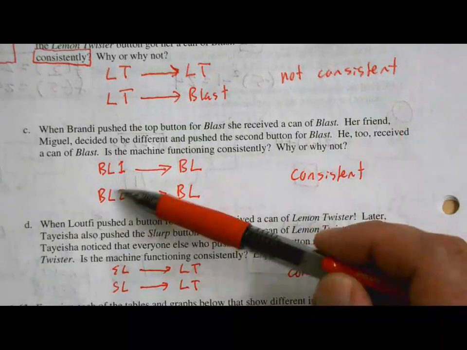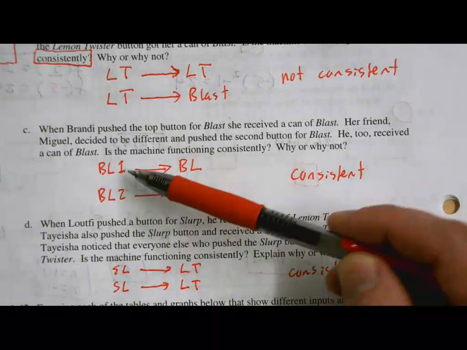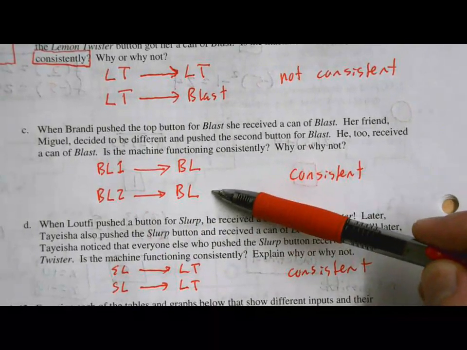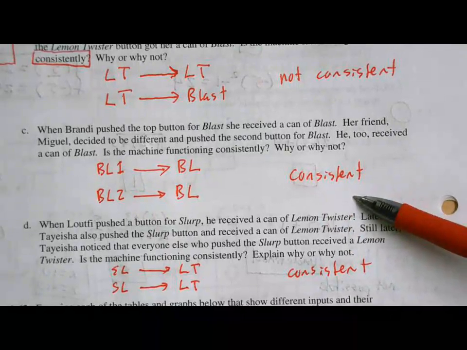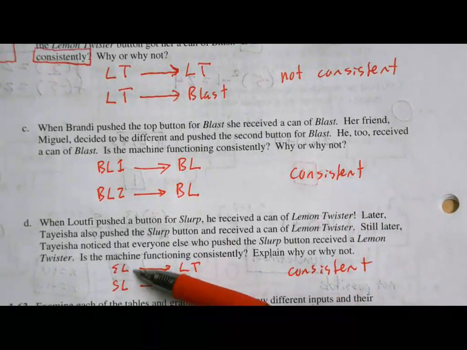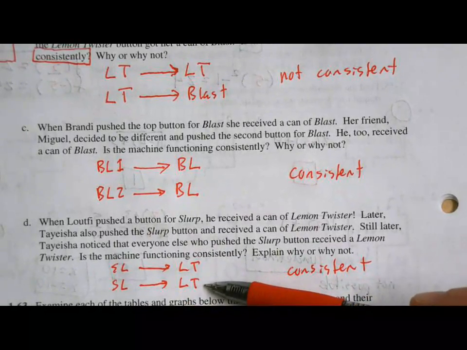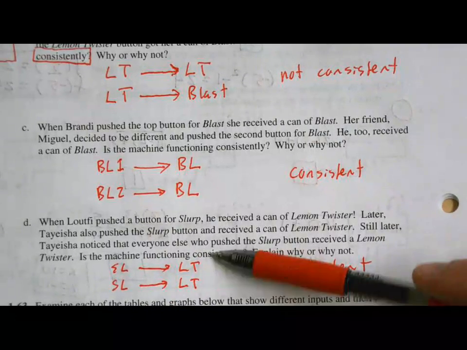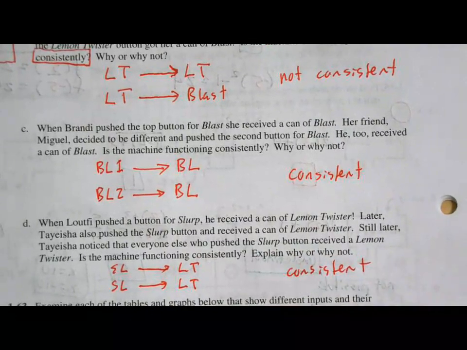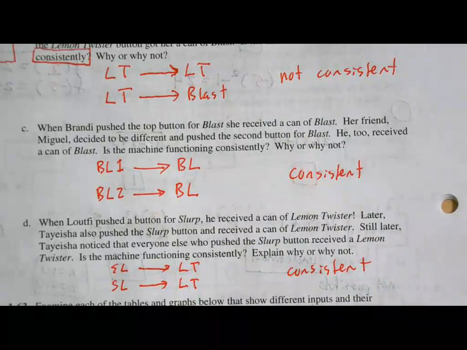And the second one, we had 2 different inputs, but the output was the same. We said that one was consistent. In the third one, the same input, we were always getting the same output. We said that one was consistent.